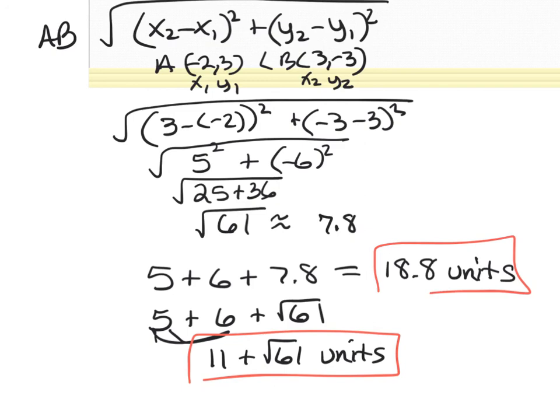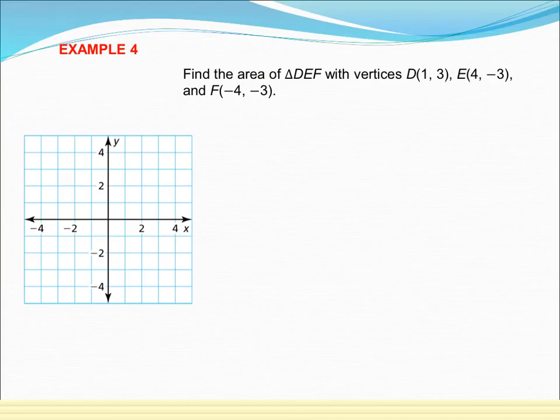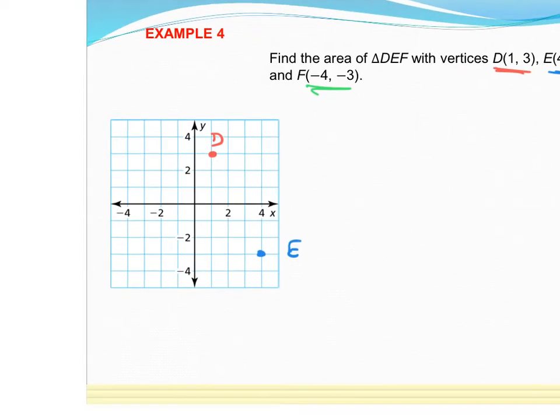One more quick example. It's an area question. I'm going to quickly graph those 3 ordered pairs. So D is at 1, 3. E is at 4, -3. And F is at -4, -3.